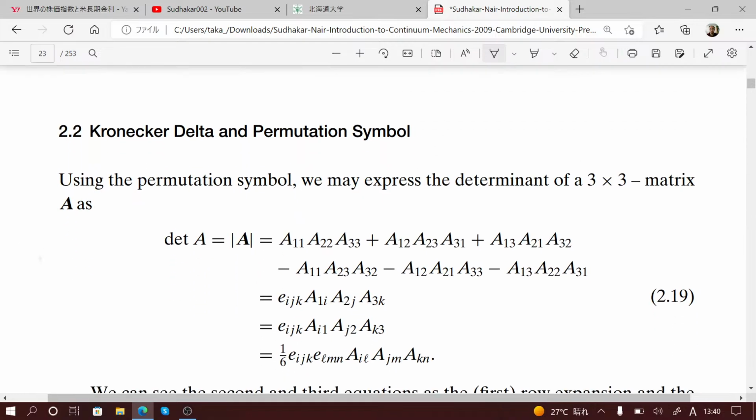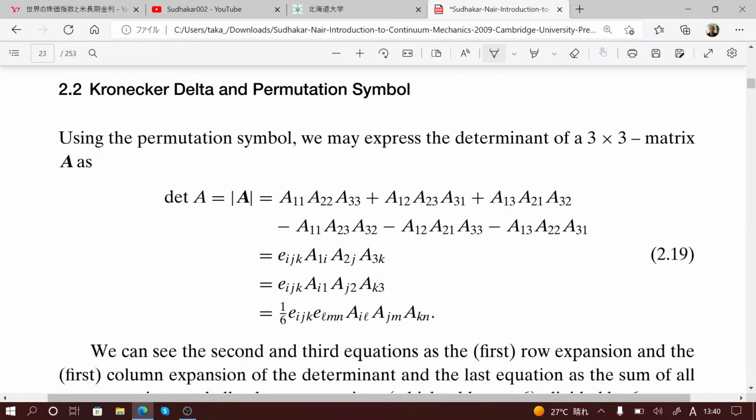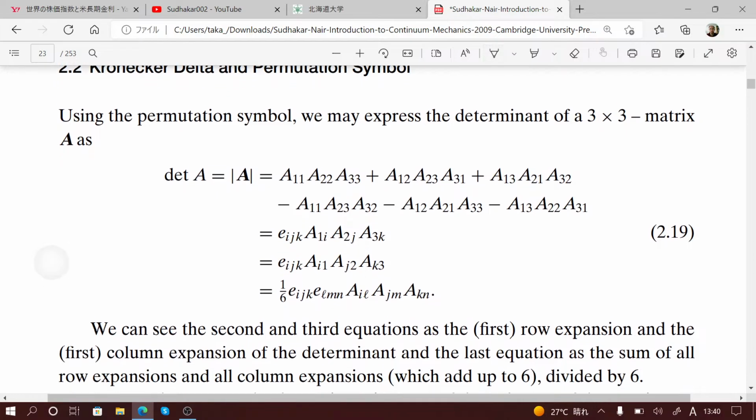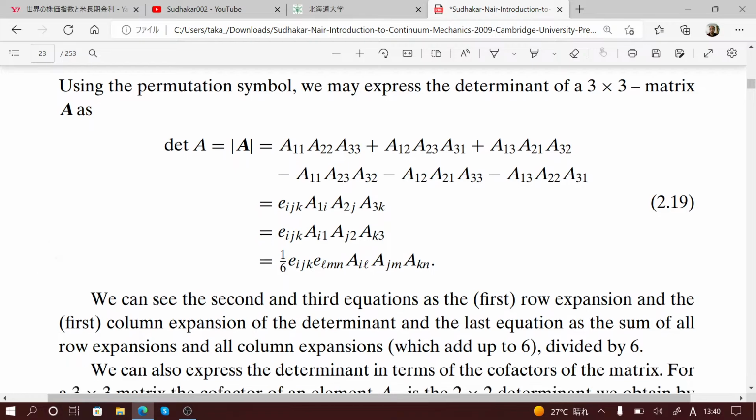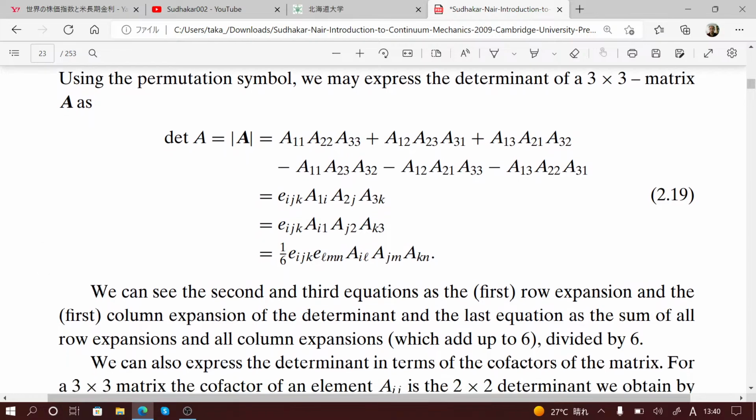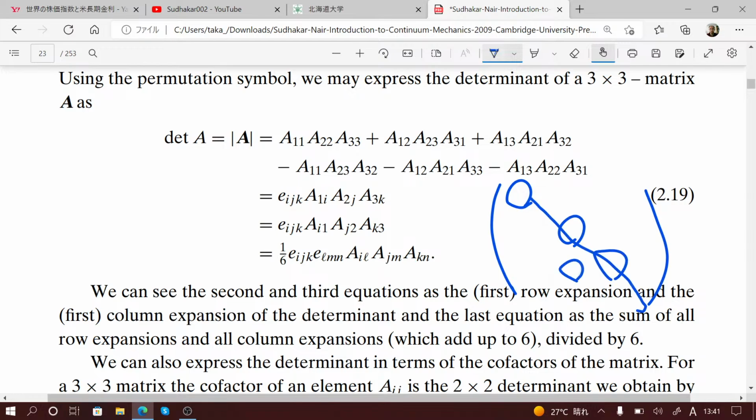Using the permutation symbol, we may express the determinant of a 3 by 3 matrix A as determinant A is, I think everybody knows this. If you have a determinant, we just do it this way, and if you have entry 2 here, this way, and you have 2, 3, this one, this one.